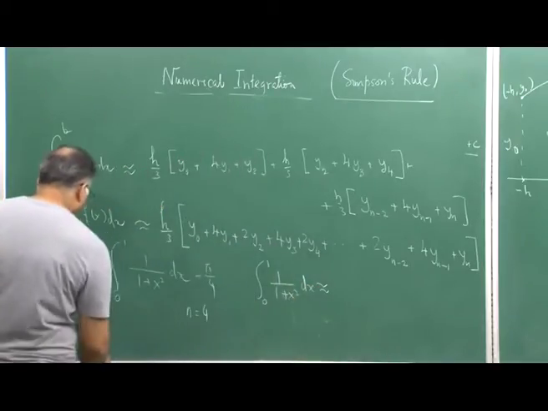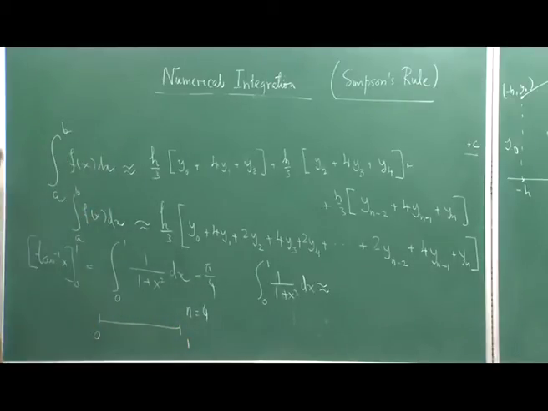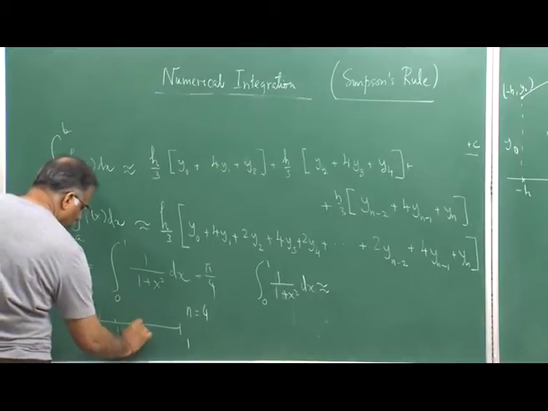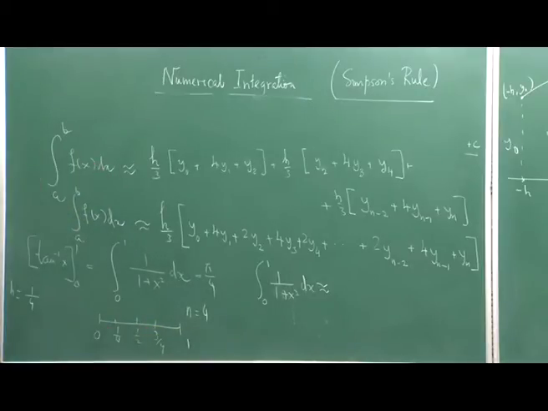So, n equal to 4 means, between the interval 0 and 1, h is (1 minus 0) by 4. So, it is 0 to 1/4, 1/4 to half, half to 3/4 and 1. So, you have to know the functional values at these points.